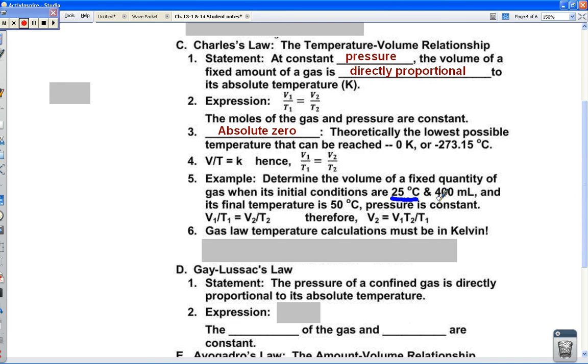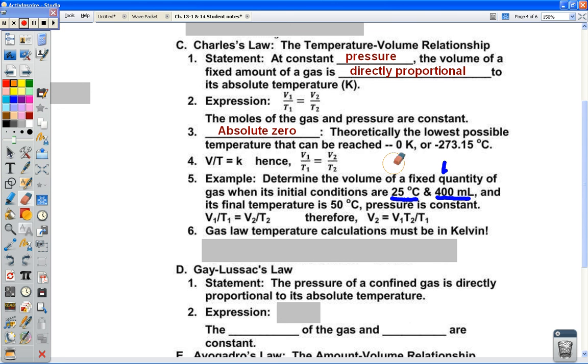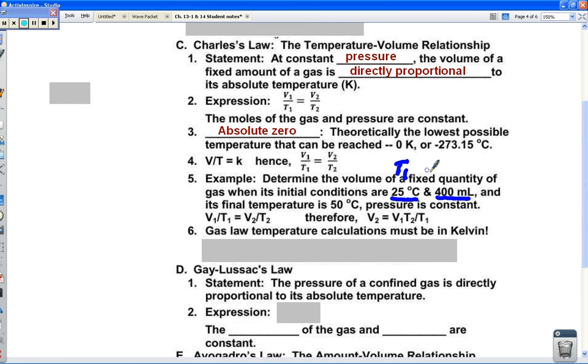Initial, so these would be T1. 25 Celsius is T1, 400 mL is V1. The final temperature is 50, so this is going to be T2 right here. Pressure is constant. We are looking for the final volume, so we're looking for V2.